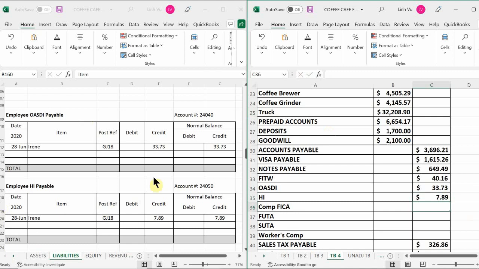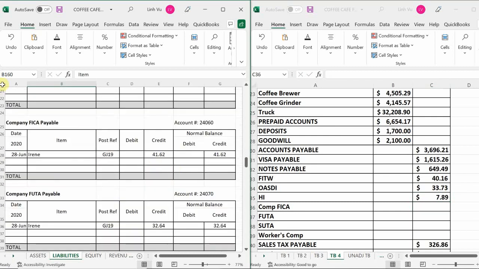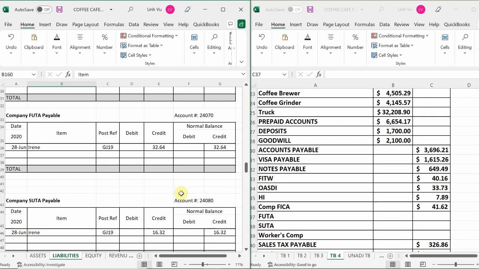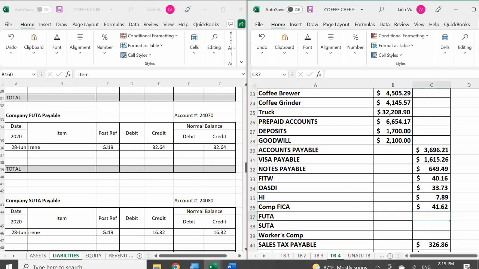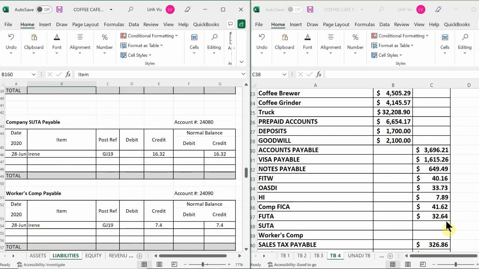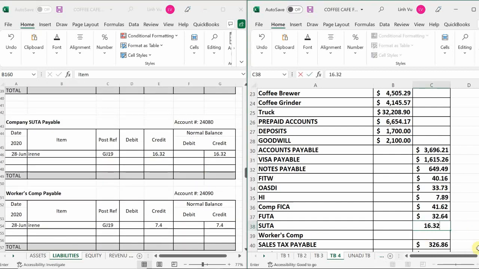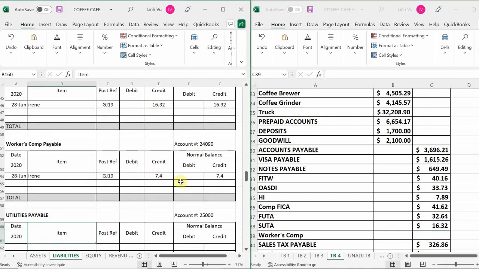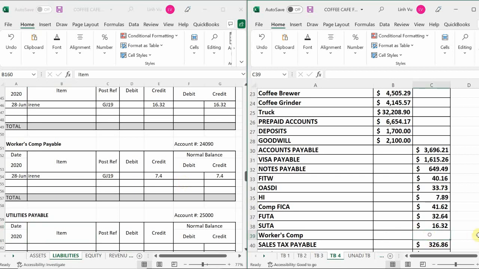Right, $7.89. Company FICA, 4162. FUDA, SUDA was 1632. And then last but not least, my workers' compensation was for $7.40.